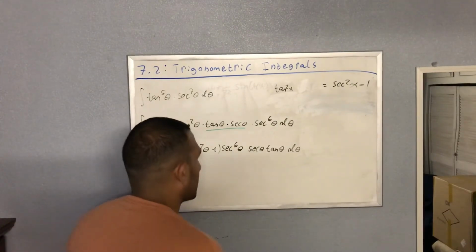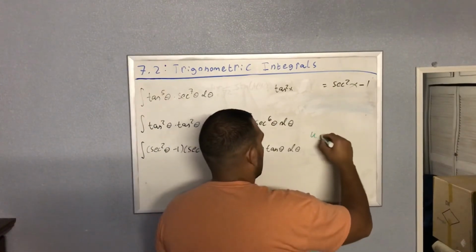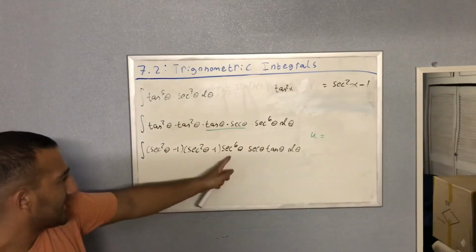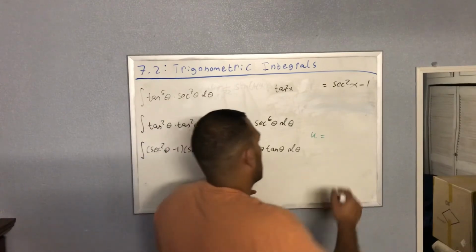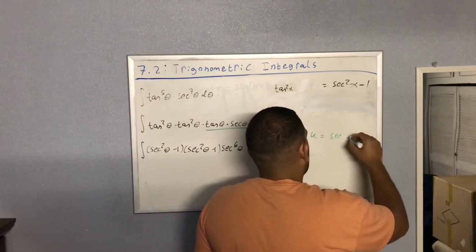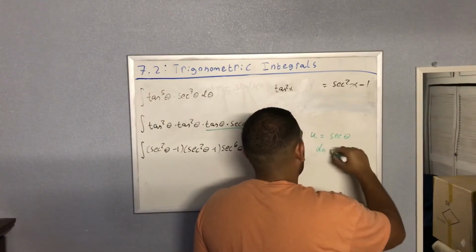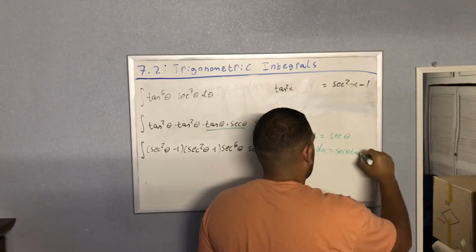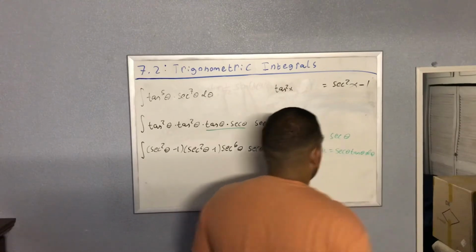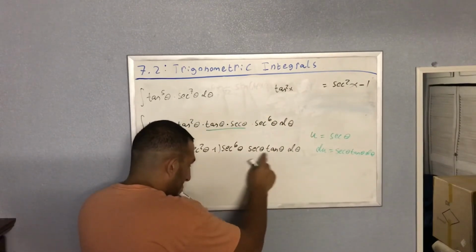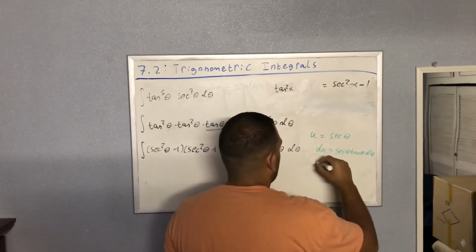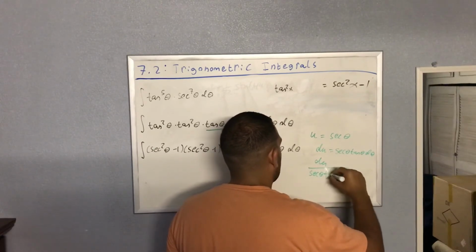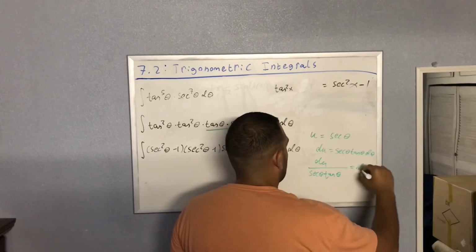And now you guessed it, we're going to let u be secant. So du is the derivative of secant, which is secant theta tangent theta d theta. Oh, that's awesome. That's going to cancel out with that. So du over secant theta tangent theta is d theta.